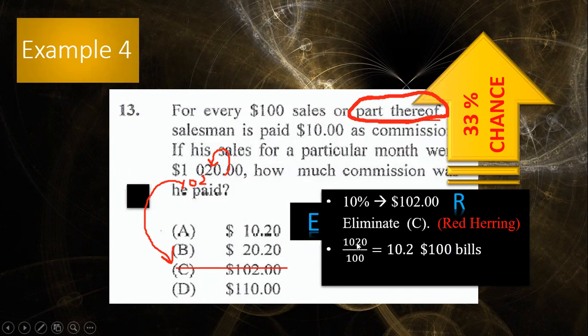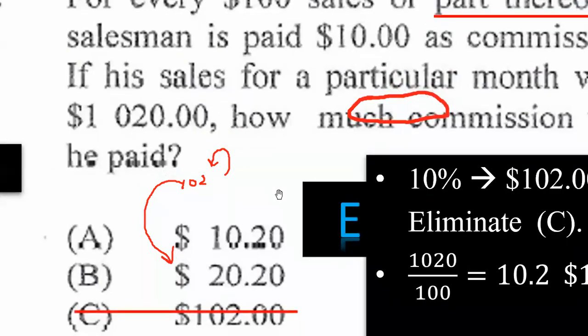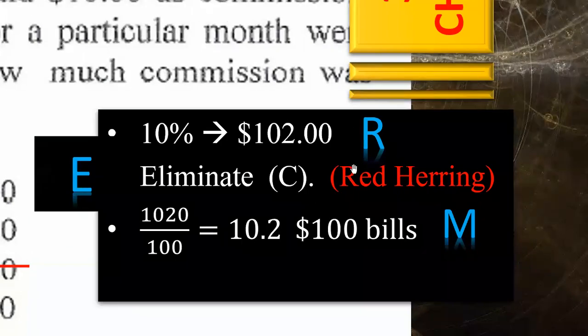Now I'm going to apply the mathematics. For $1,020, I'm going to divide it by 100. I realize I have 10.2 $100 bills. So let's go ahead and examine this more closely. Somebody asked, what is part thereof?